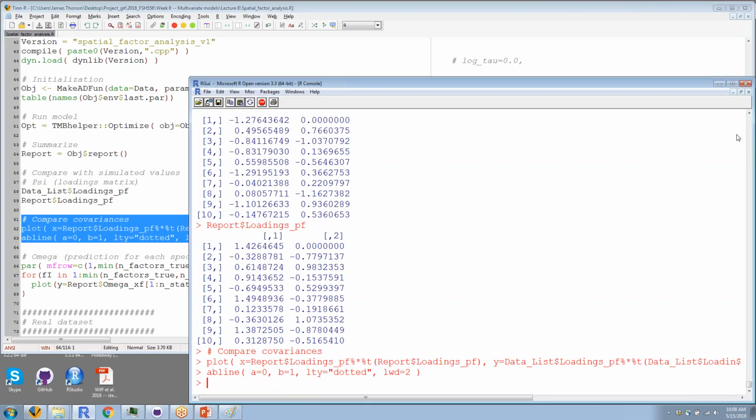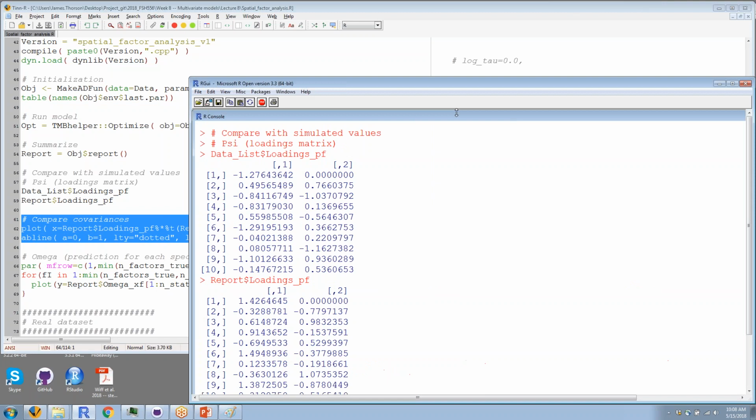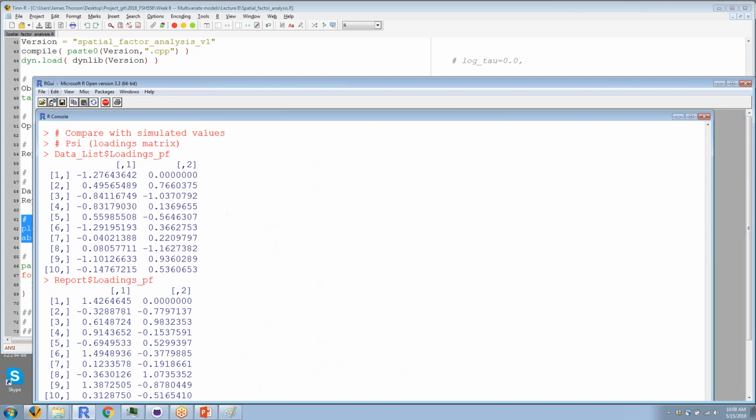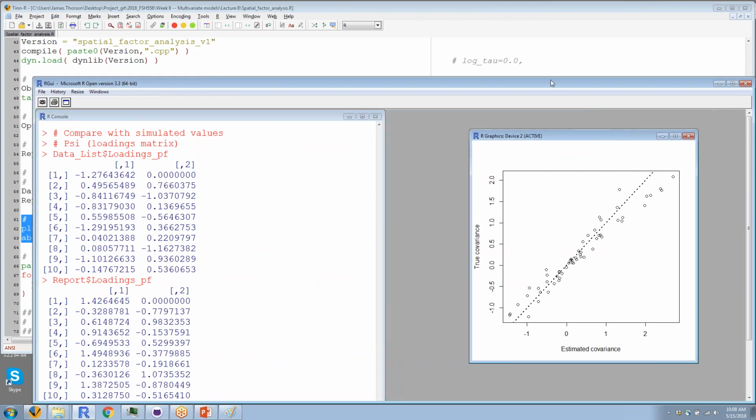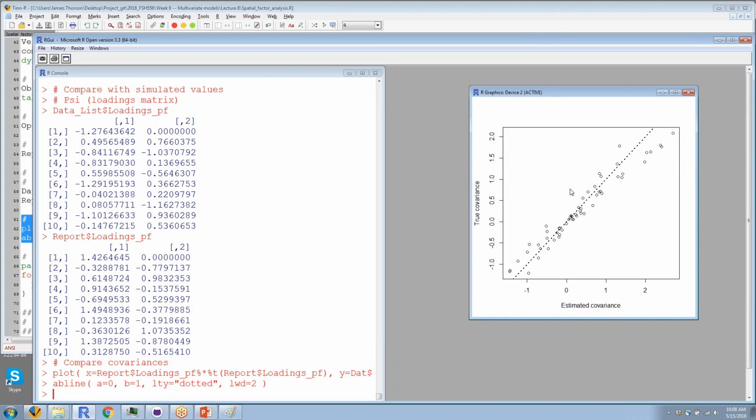We can compare the two covariances. In this case, I'm assembling the covariance matrix from each loadings matrix and plotting the value of the covariance matrix, the true one on the y-axis, the estimated one on the x-axis. And they fall close to a one-to-one line.